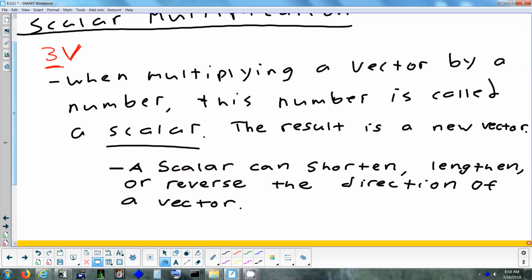If you multiply by a negative, you flip the direction. Right, so if I did this, now I've tripled the length of it and flipped it 180 degrees. So the point is, when you scale a vector, you get a new vector. A new magnitude and potentially a new direction.